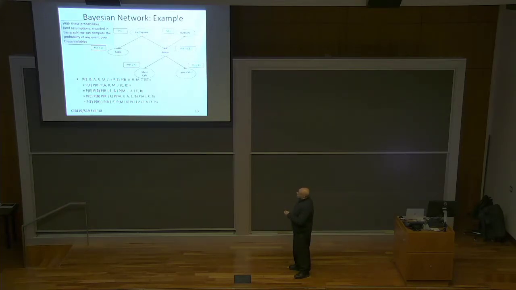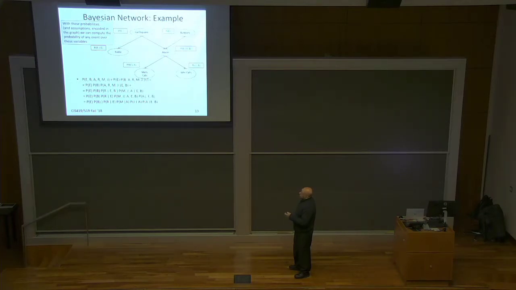So P of all this, I can always write as P of E, times P of B given E. I copied P of E here, and then I continue. This one I can write as P of B given the rest, given E and B. And I can continue this way and decompose this until that's what I get.